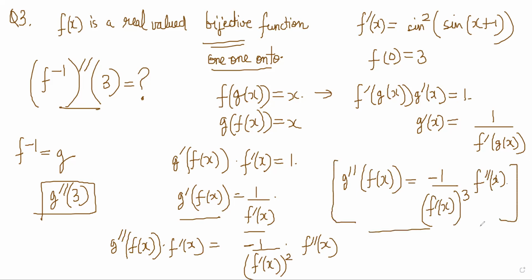So somehow, we want to arrange that f of x is equal to 3. At what value can you arrange that? At 0.